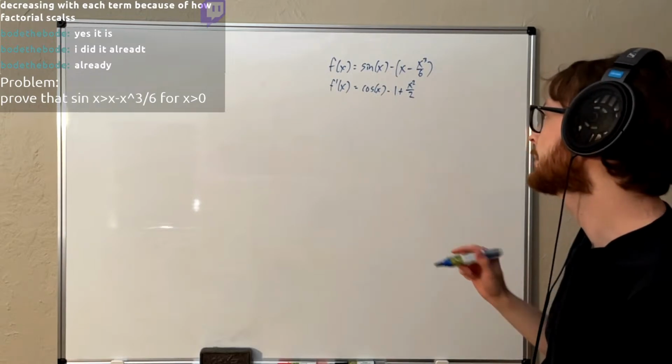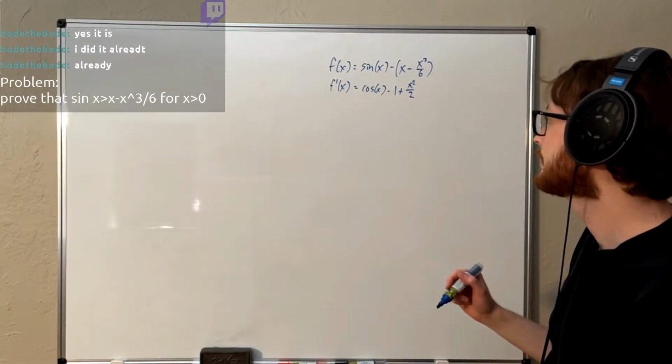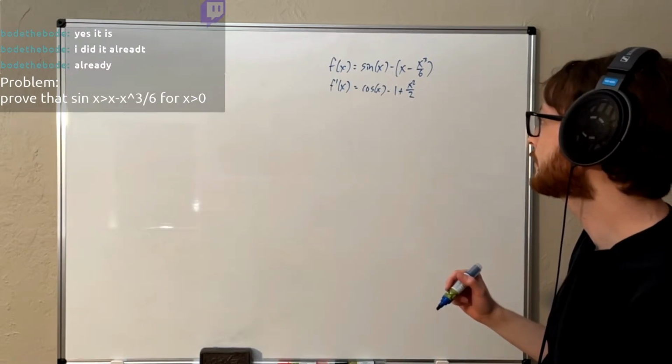I'm potentially worried about small x's here, like from 0 to 1.